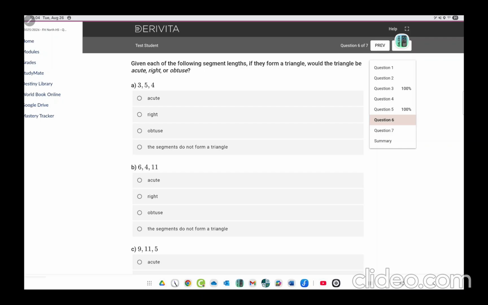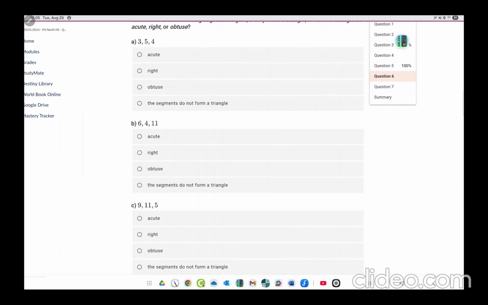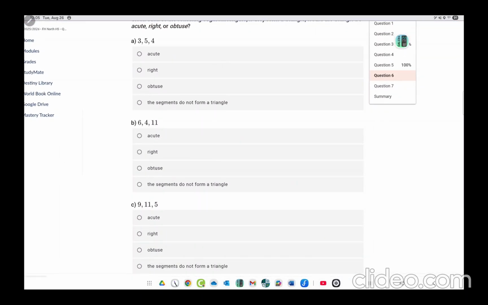This is questions 1, 2, and 3. Is it right, acute, or obtuse? Or the segments don't form a triangle. Now, I have to tell you about this, even though this is something we do much later on in the year.